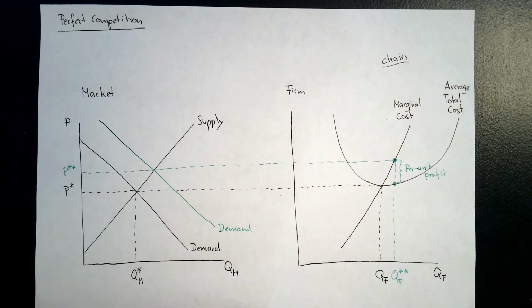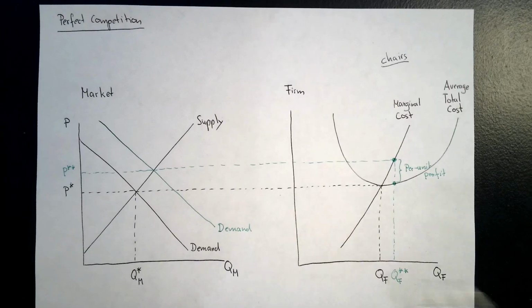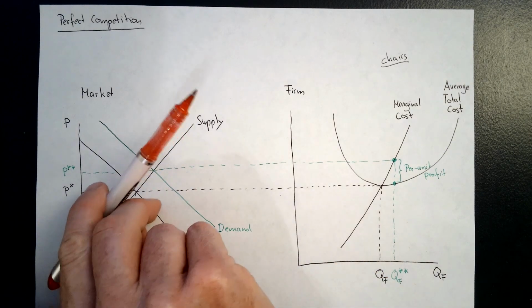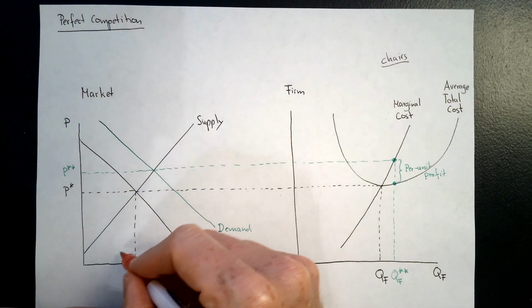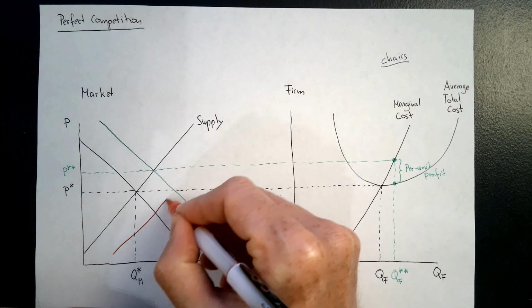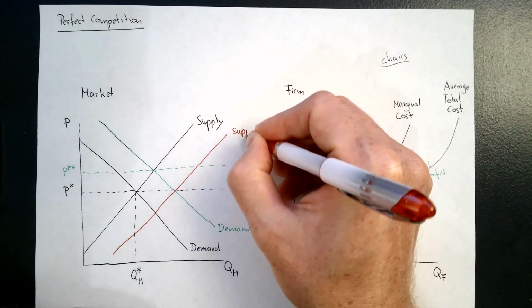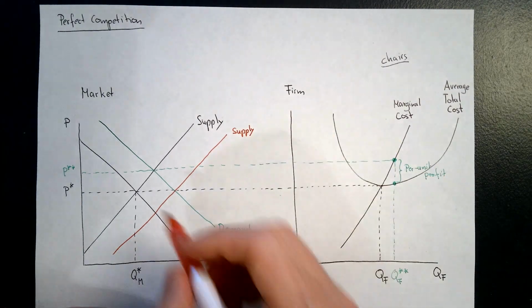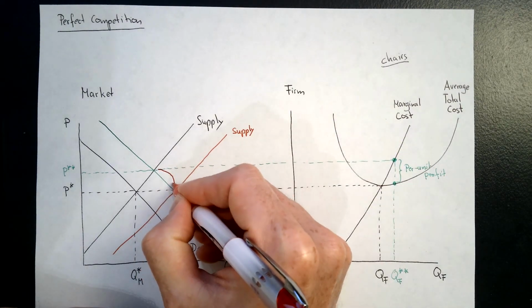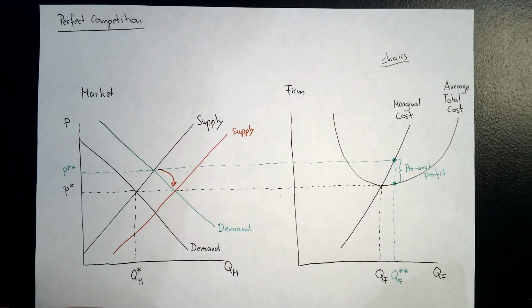If there is a per unit profit, then firms are going to see this profit and enter the market, and hence we would see a shift in the supply because firms are entering. Let's call this the new supply, and the price would go back down to the initial equilibrium.